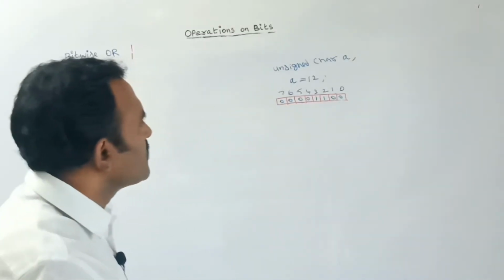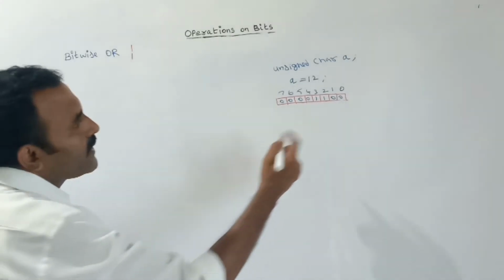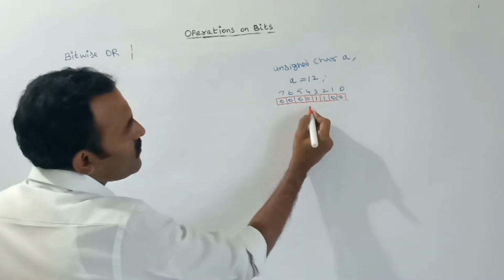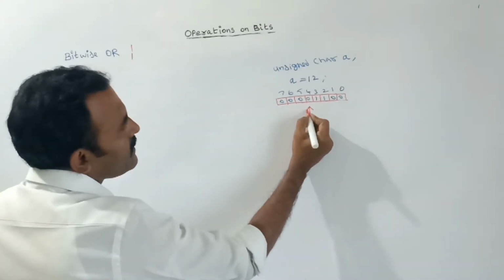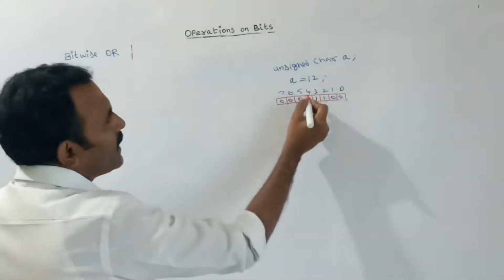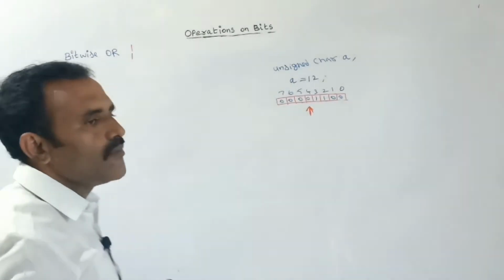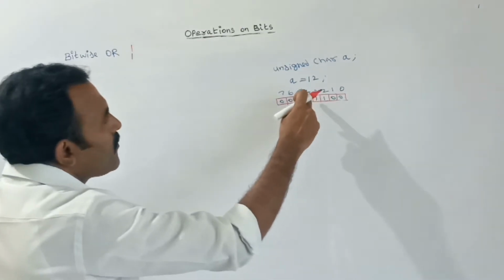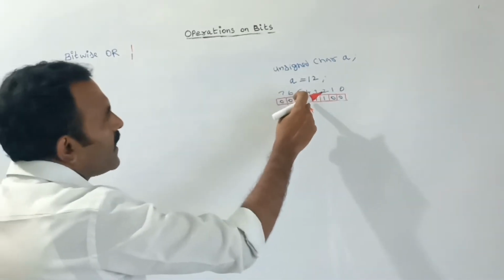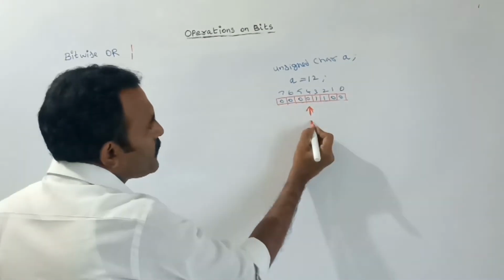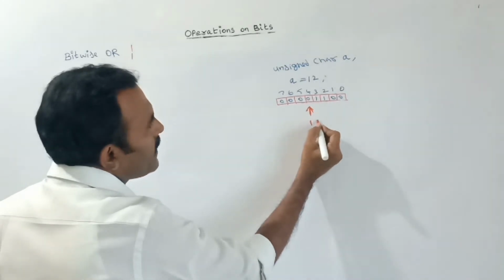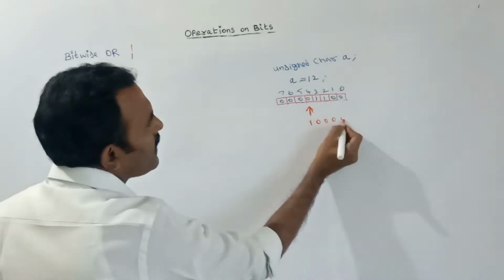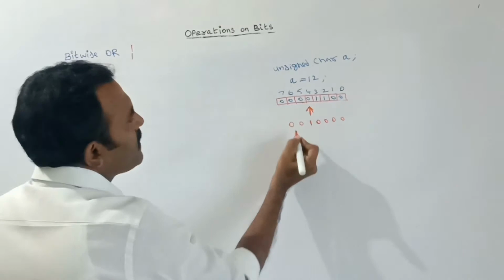See here, suppose I need to turn on this fourth bit, then I need to create a mask value. To the particular bit where I need to turn on, you put 1, and every remaining bit you put as 0.